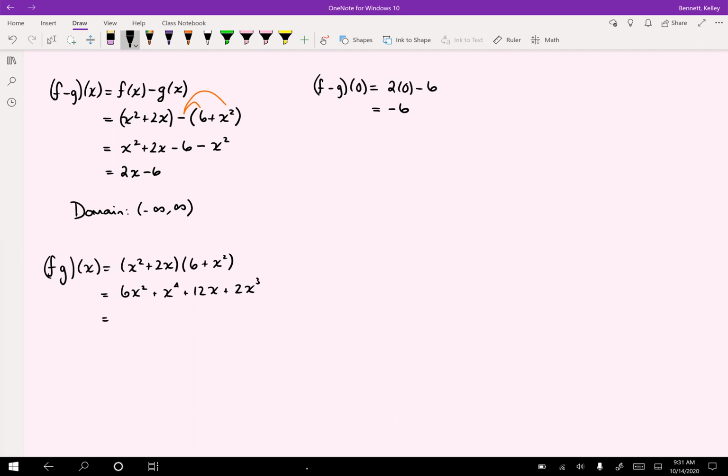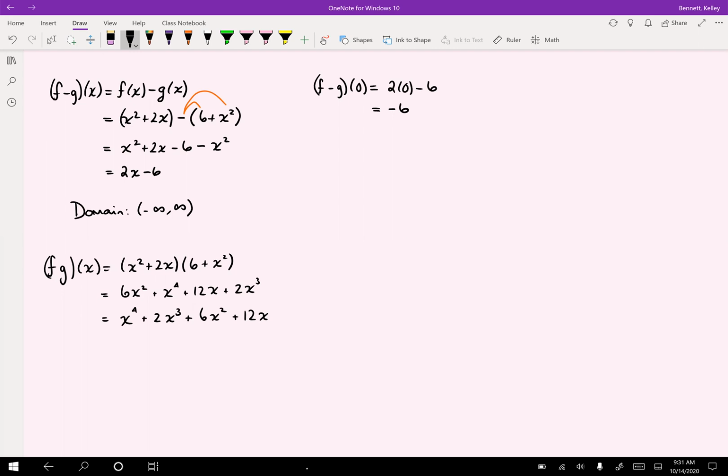So I can't combine any like terms, but what is typical you'll see here is to write this in descending order of powers. So x to the 4th plus 2x cubed plus 6x squared plus 12x.